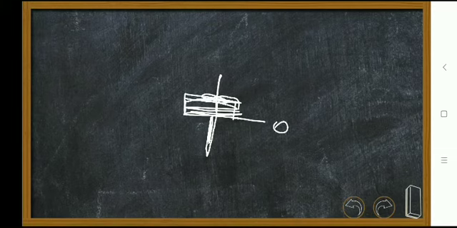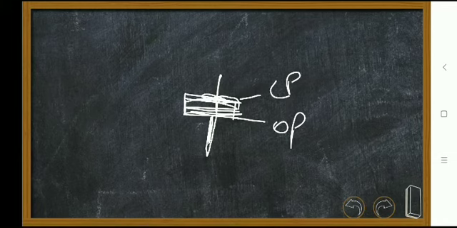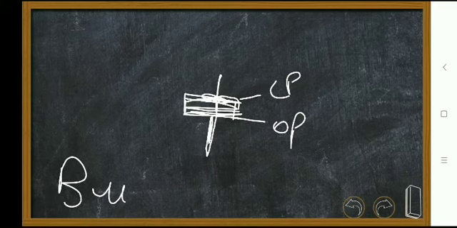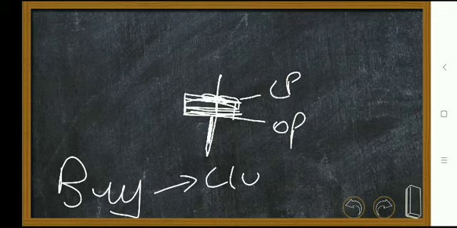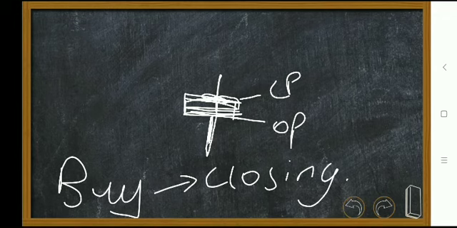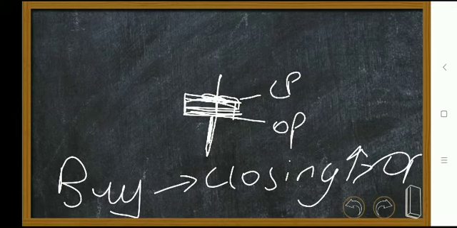This is the opening price, and this is the closing price. This candle, we say it's a buy candle, because the closing price was higher, or you can say greater than the opening price.